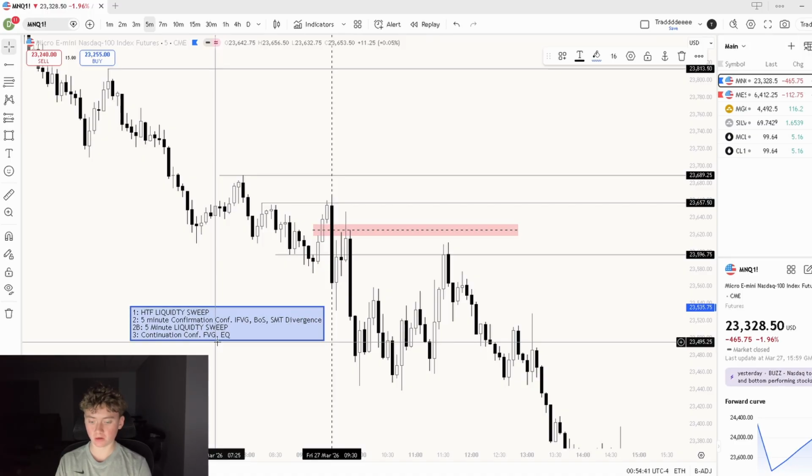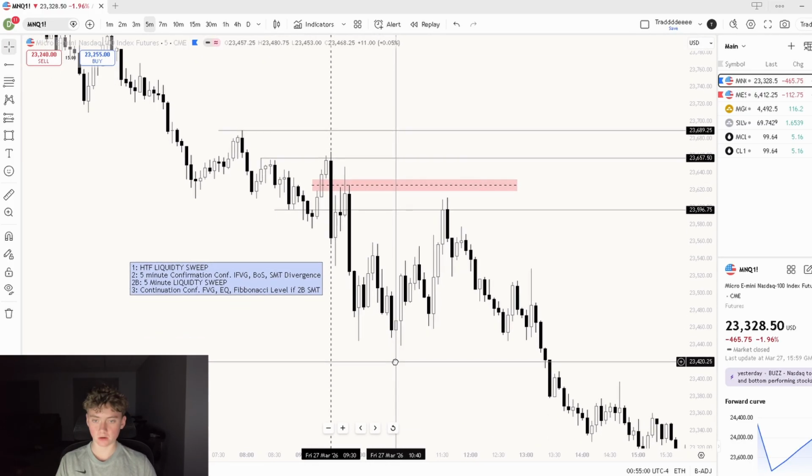Second thing is equilibrium. Third thing is a Fibonacci level getting hit. And then the fourth thing, only if we have 2B, is an SMT divergence. 2B SMT, that rhymes.